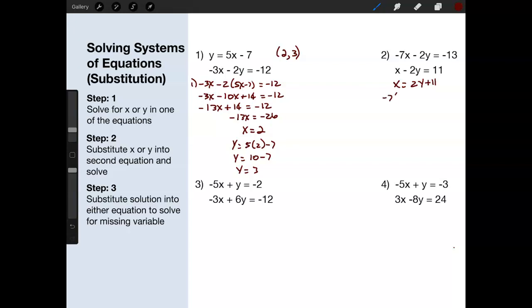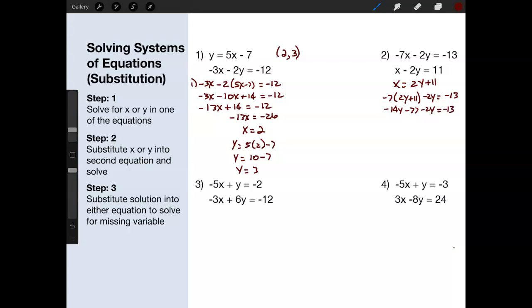Negative 7 times 2y plus 11 minus 2y equals negative 13. Distribute the negative 7, we have negative 14y minus 77 minus 2y equals negative 13.